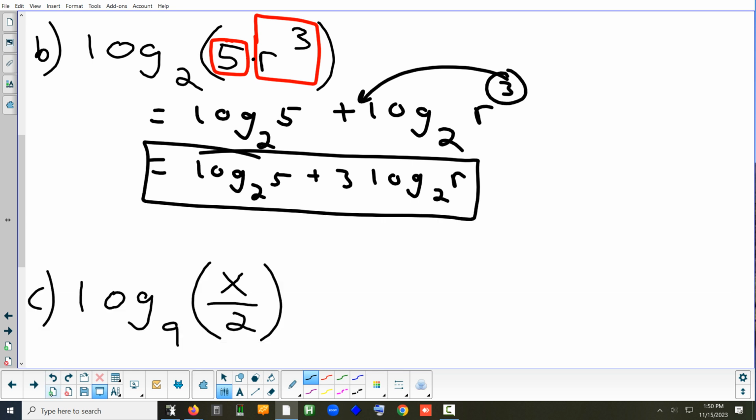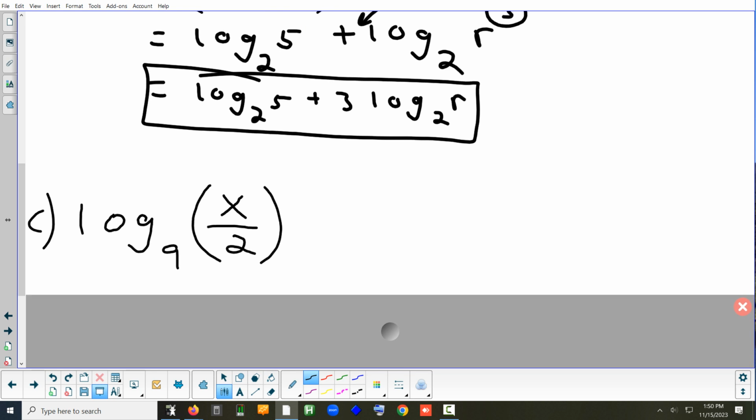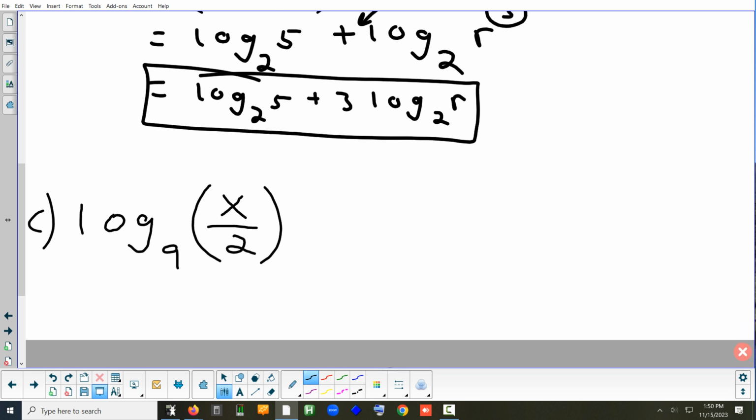All right, let's try this one. Log base 9 of x divided by 2. Okay, so first, how many logs is that going to split up into? 2, because there's a top and there's a bottom. So log, what will be the base? 9.